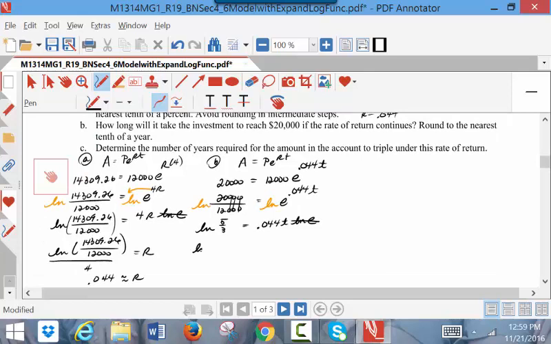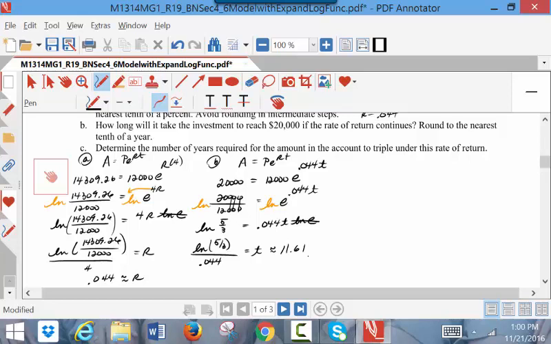So this becomes the natural log of 5/3 over 0.044 will give me the number of years. So when you put the natural log of 5/3 in your calculator, hit enter, then divide that number by 0.044, you should come up with approximately 11.61.